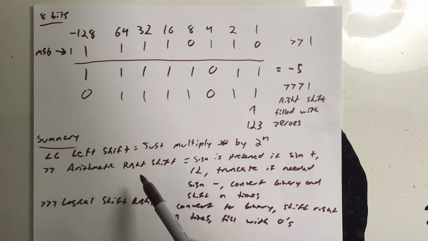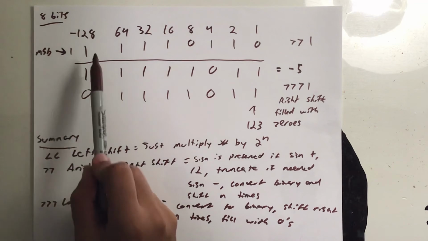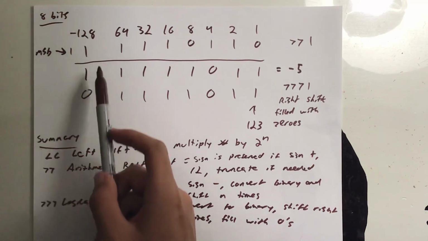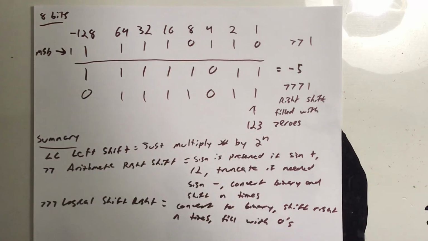However, if the number that you want to shift to the right is positive and you're doing logical right shift, it's going to be the same as arithmetic right shift, right? Because you're filling with zeros, and because the most significant bit is a 0, the answer is positive.